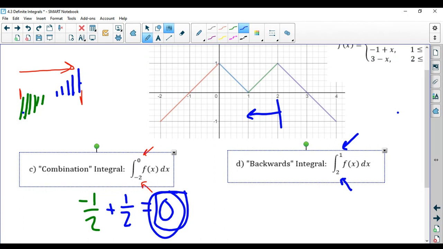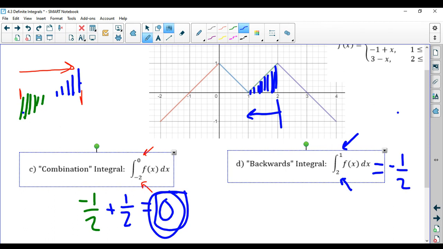In other words, if we went from 1 to 2, it would be a normal integral, and the definite integral would be 1/2. But since we're going from 2 to 1, it's going to calculate that as an opposite number. In other words, negative. So negative 1/2.